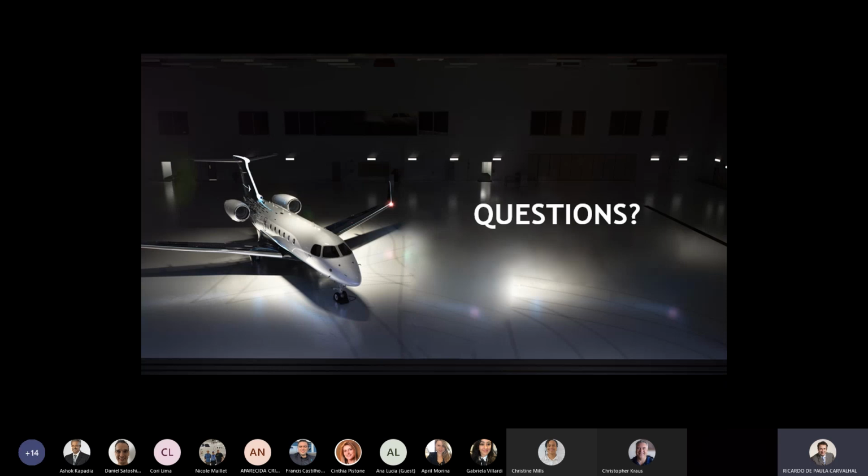FlexJet is taking all their new Praetors, although they had some Legacy with the emergency exit in the cabin. The Praetors they will be getting will all have the emergency exit in the lavatory. I was in the meeting where we presented the airplanes to them the first time two years ago, and they were super pleased. So that's the story behind that concept. Thank you for the thoughtful question.